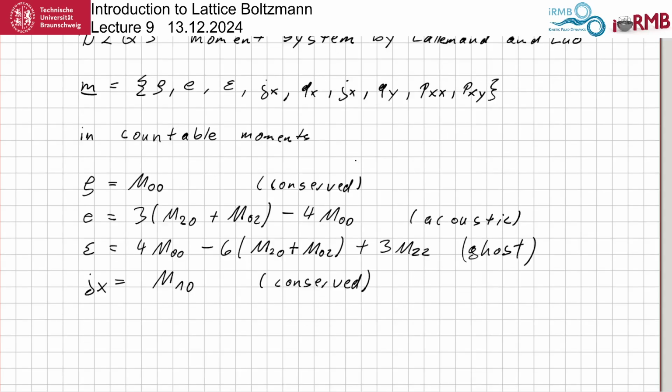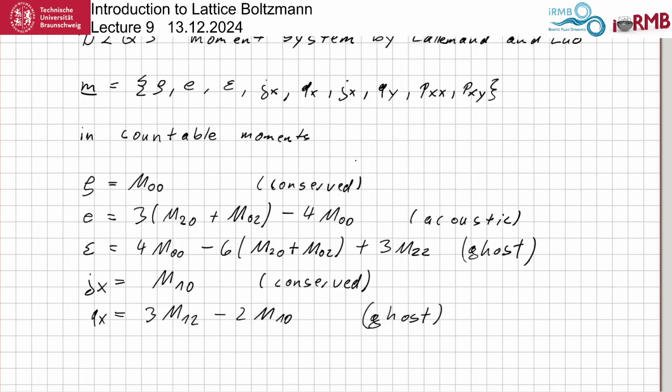So then they are not continuing with the velocity in x, but they start with y, but they have here this qx is 3 times m12 minus 2 times m10, and this is also considered to be a ghost.